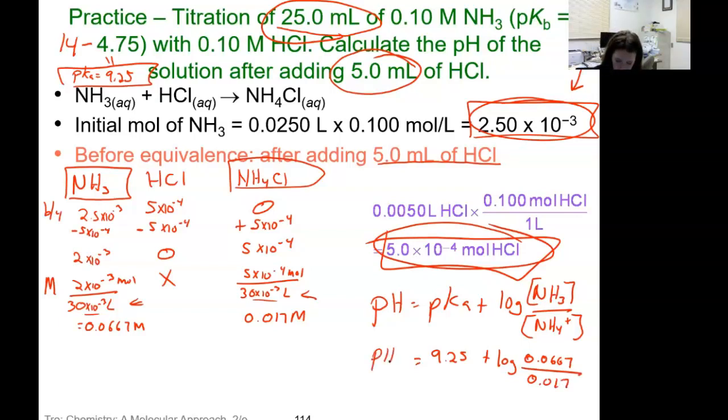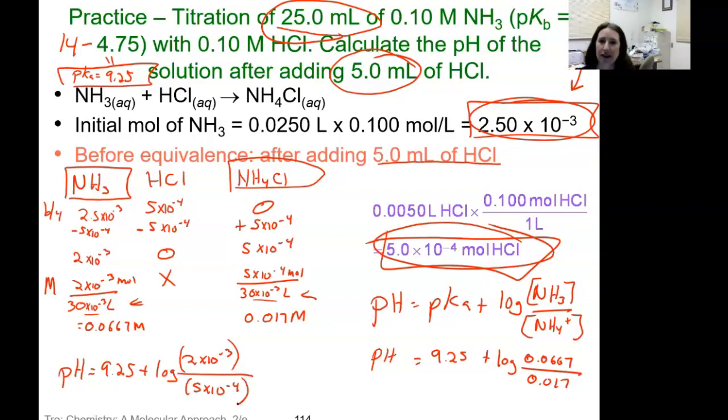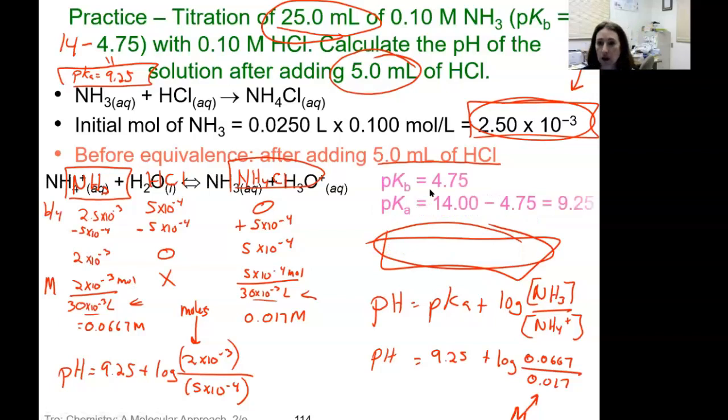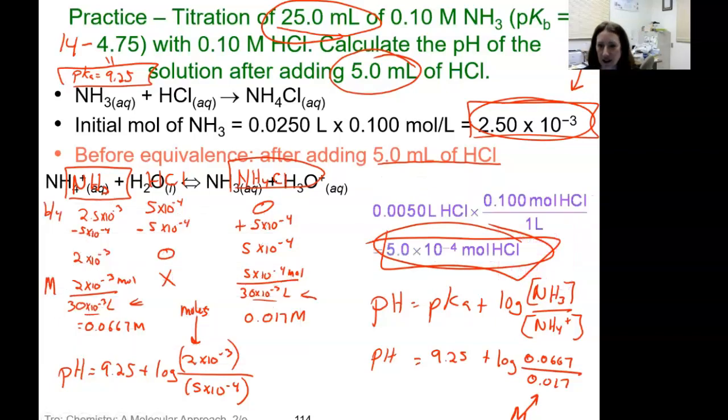Or you could have done this. Log of our NH3. You're going to end up with the exact same answer. This one, I'm just doing this with moles. This one, I just did it with molarity. But no matter what, you end up with the same answer. Again, this only works. The reason I'm always kind of hesitant to, oops, sorry, you get 9.84, by the way.